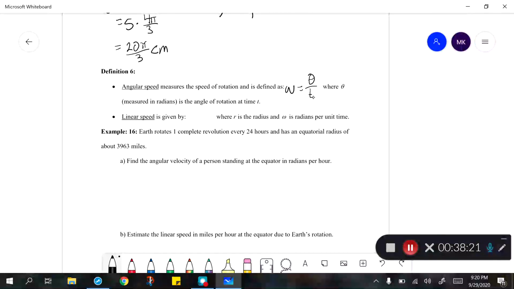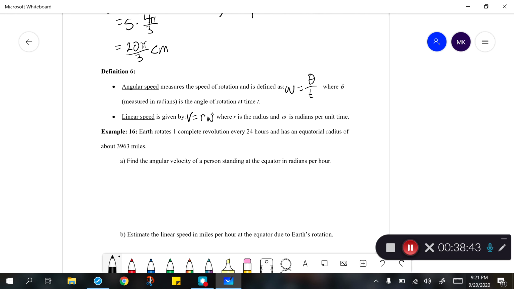So, omega is equal to theta divided by T, where theta, measured in radians again, is the angle of rotation at time T. Linear speed is given by V equals R times omega, where R is the radius and omega is radians per unit time.